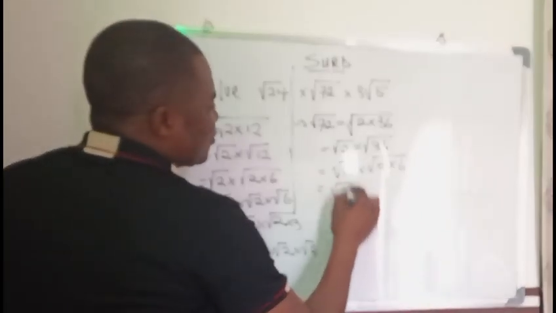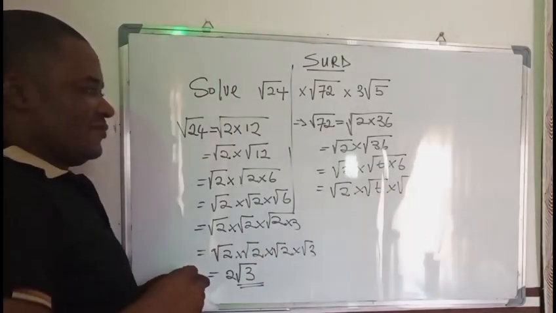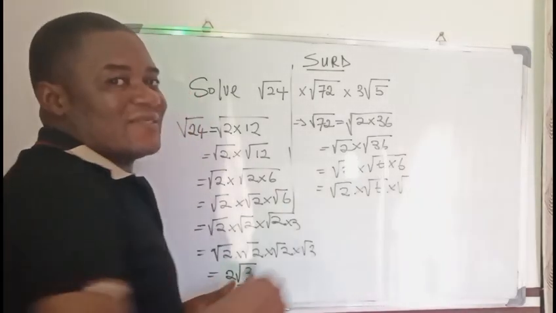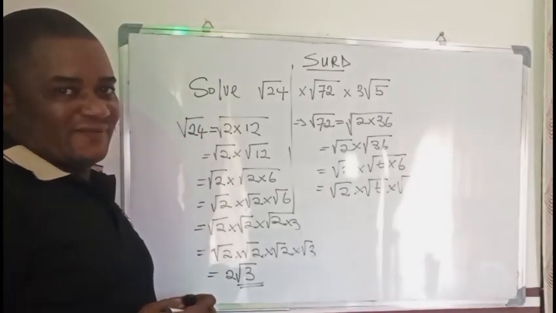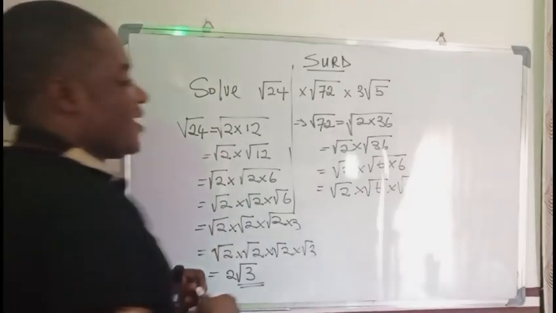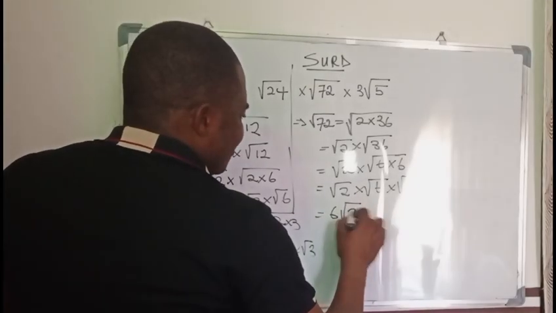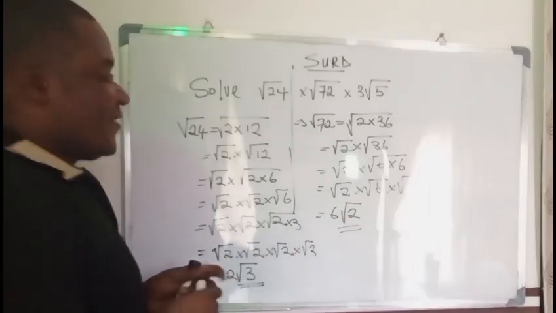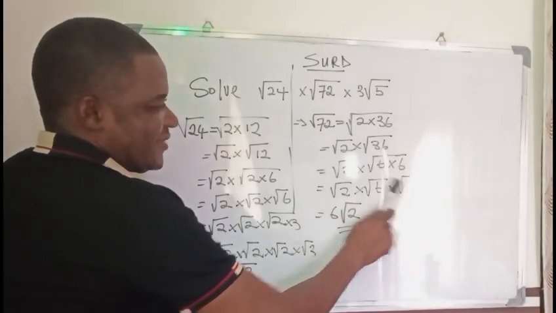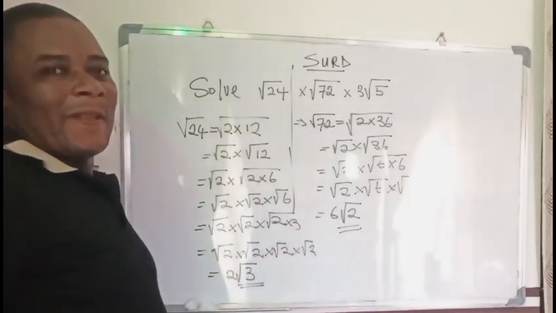And this can be surd 2 times surd 6 times surd 6. Do you know that surd 6 and surd 6 are the same? We can take the integral number. And when we take it, it means that we now have 6. That means this will be 6 surd 2. And this is the answer for surd 72. 6, we take one of it, the integral number, by surd 2.